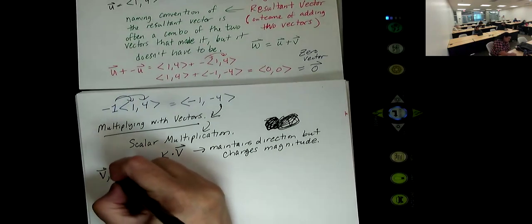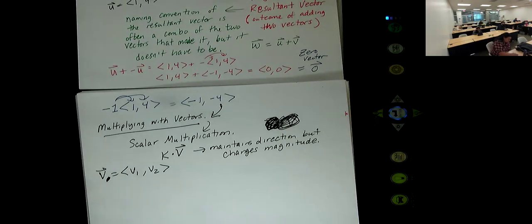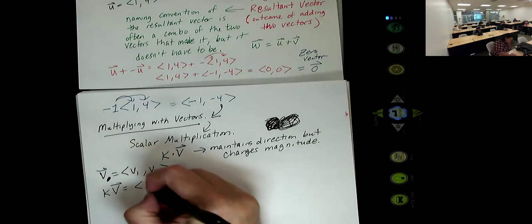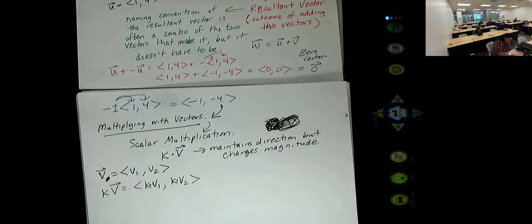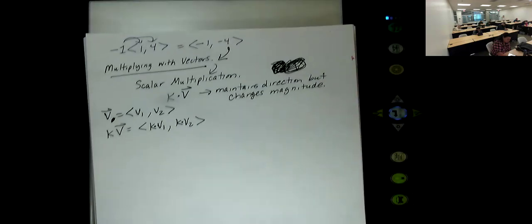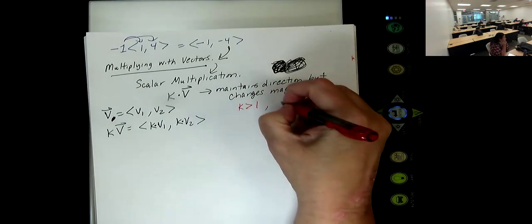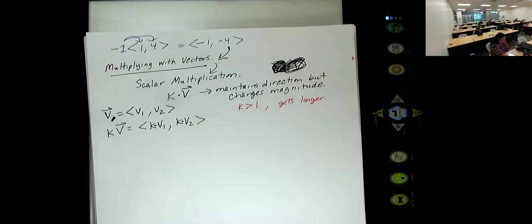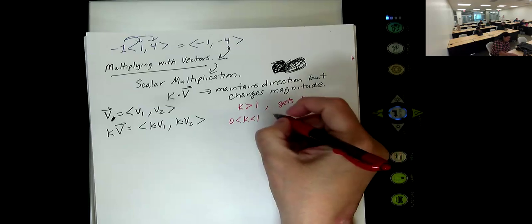And if I write V with the number formation I was talking about earlier, I call it V1 and V2. Then KV is K times V1, K times V2. If K is greater than 1, it gets bigger or longer. If K is between 0 and 1, it gets shorter.